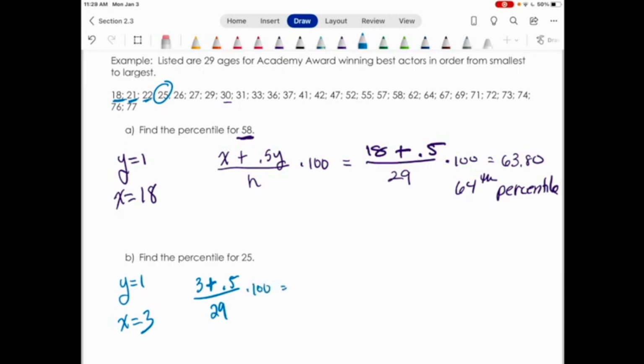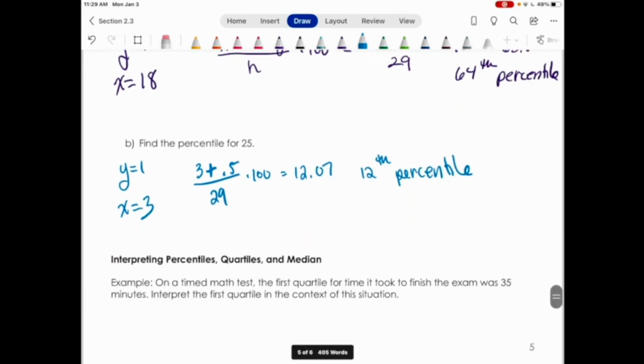And then I have to take that answer and multiply by 100. So when I do that, I get 12.07. And we always want to round to the nearest percent or the nearest whole number. So that would be the 12th percentile, which means there's about 12% of the data values that lie beneath 25 or less than 25.